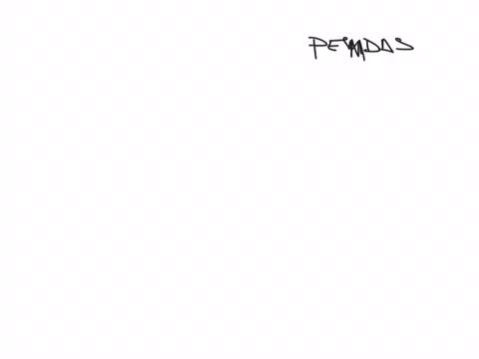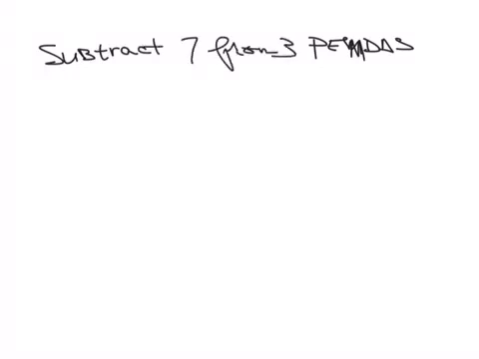All right, so we are on example 6. It says subtract 7 from negative 3. So we're taking 7 away from negative 3. Okay, it says we started with a negative 3 and we took 7 away.